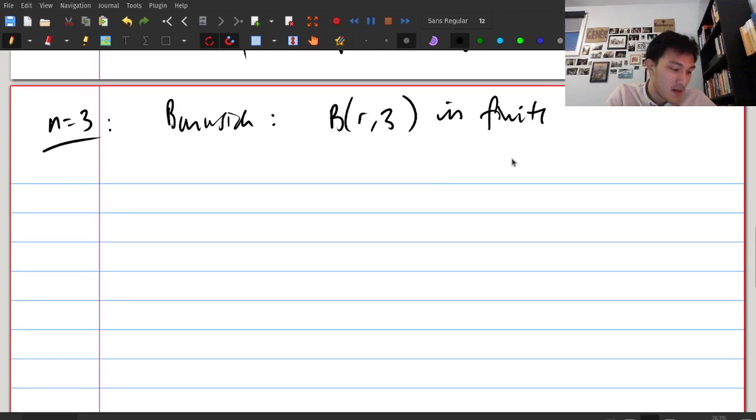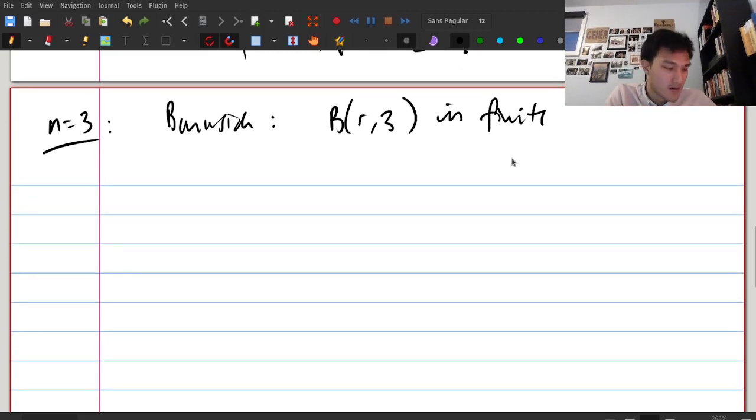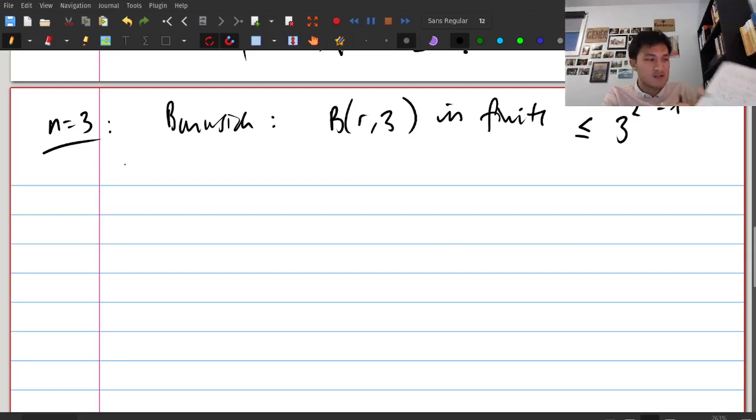He used a pretty convoluted method that we're not going to show. He showed that its order is less than or equal to 3 to the 2 to the R minus 1, that's in the exponent. The argument's like 2.5 pages or something, so we're not going to do that.